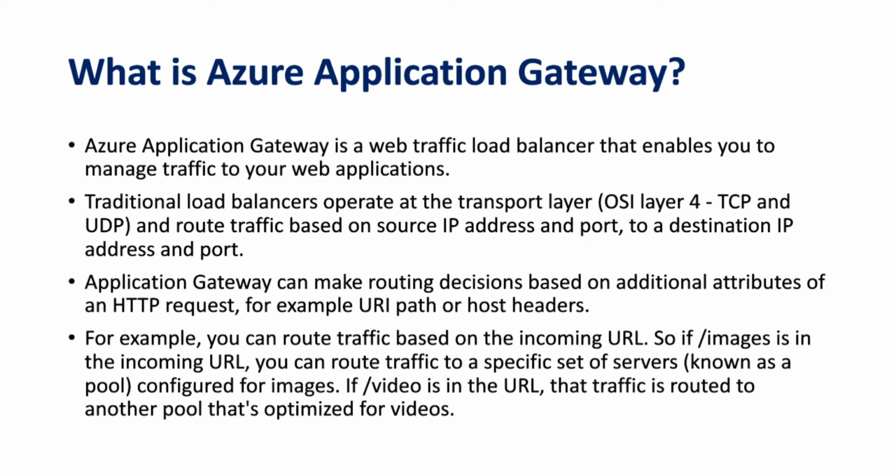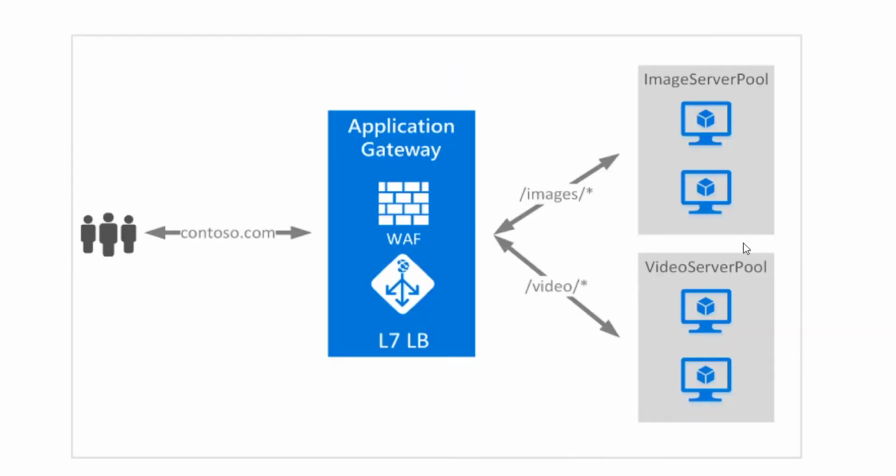So let's understand with an example. In this example, this is the application gateway which I have, and this is the end user requesting contoshow.com on this application gateway. If they put a URL like contoshow.com/images, then the application gateway processes this request to the image server pool which we have here.